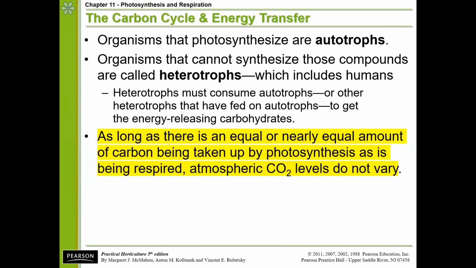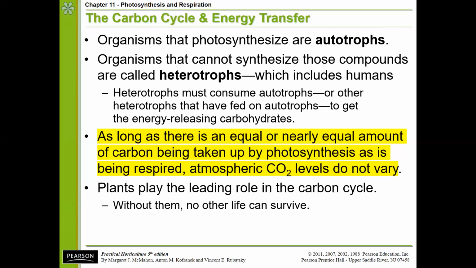That's not the only thing that leads to increased CO2 levels. We can also have carbon dioxide released simply from plowing soil. Of course, plants, being autotrophs, lead the role there in the carbon cycle. They begin it. And without our friends, the plants, no other life on planet Earth could survive.